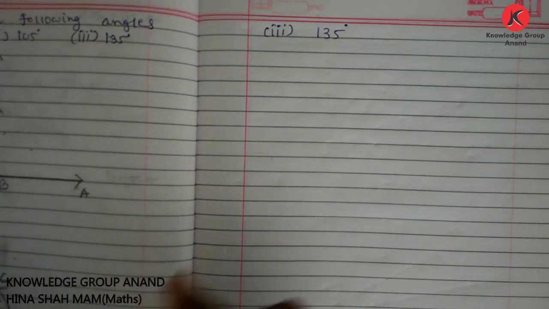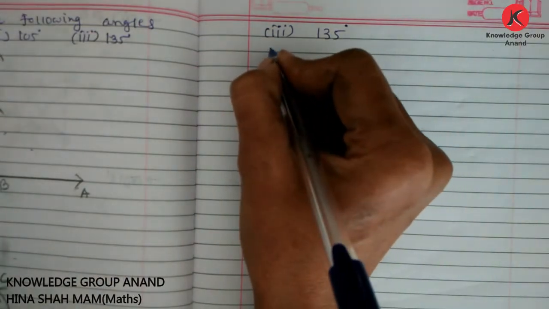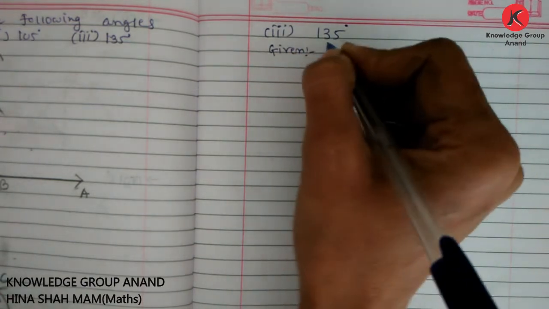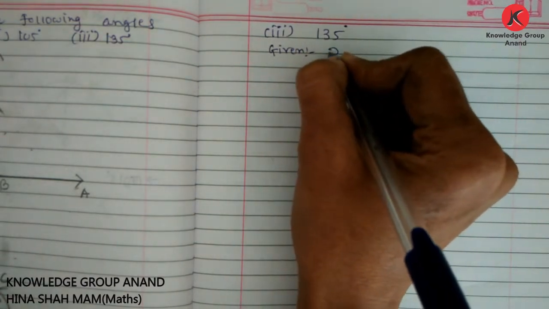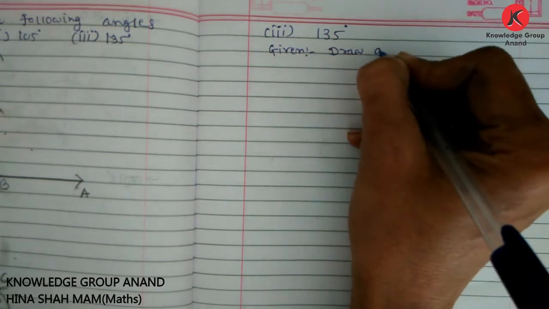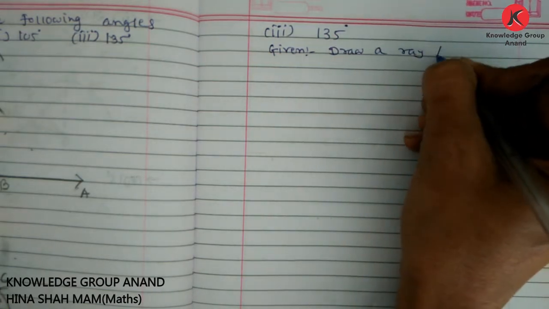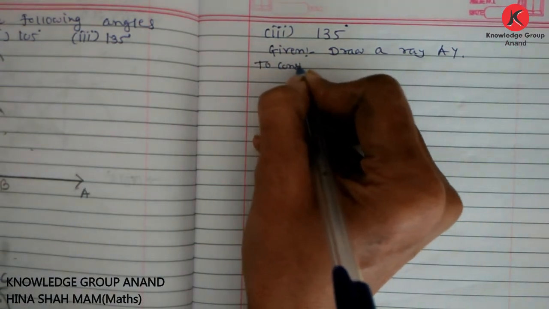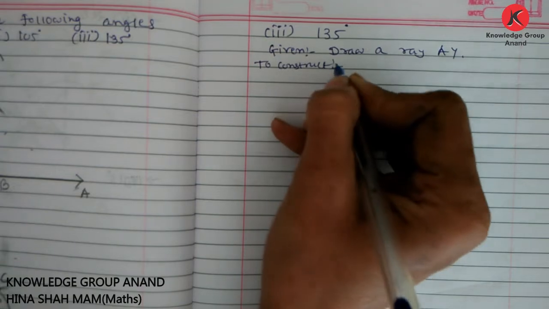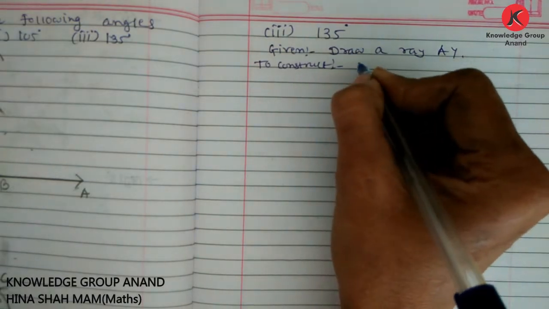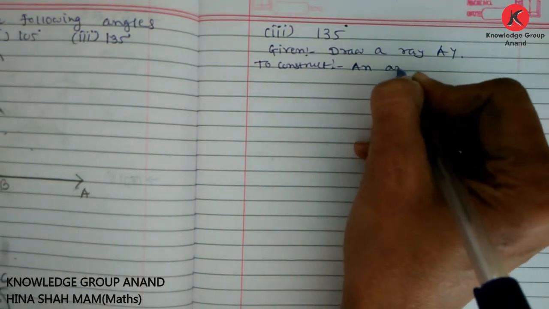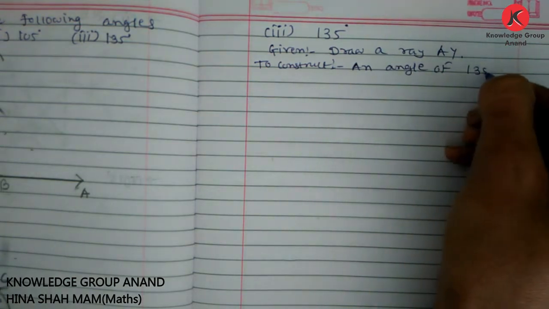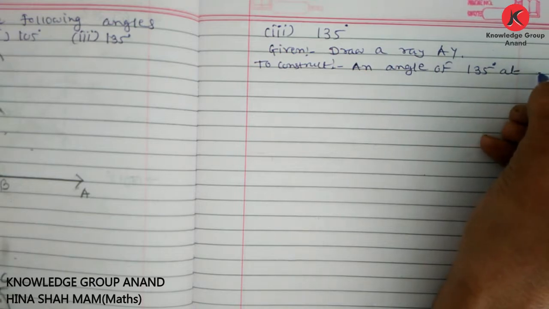To construct, we write here the given part: draw a ray AY. To construct an angle of 135 degrees at O.